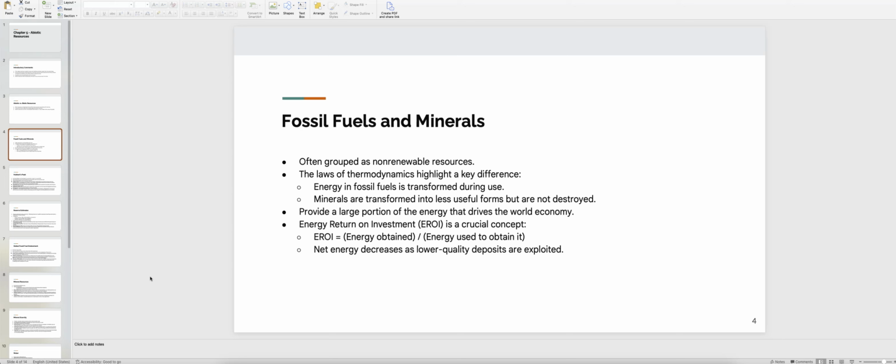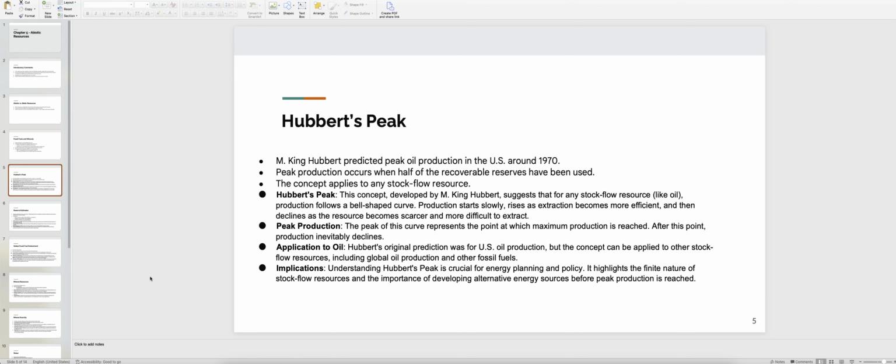That's part of the law of thermodynamics. But what we also look at is that return on investment. How much energy are we obtaining from that resource? How much energy is it requiring to obtain that energy, right? And as we use more and more of that resource, what we typically tend to find is that we use more and more energy to derive that energy.